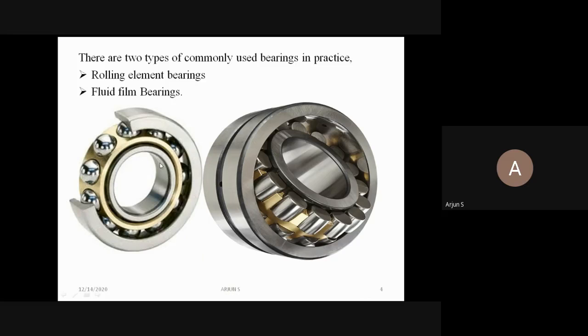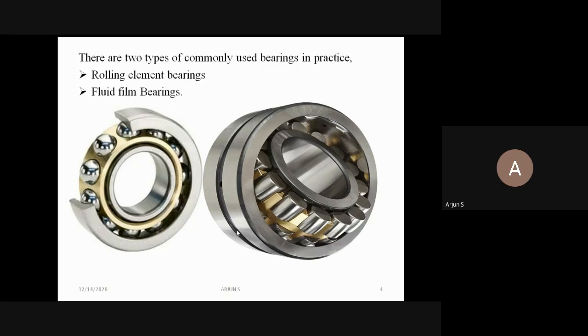This journal will be rotating inside this bearing, which is usually static in working conditions. These are rolling element bearings. In rolling element bearings, you can have plenty of types, even taper roller bearings also.